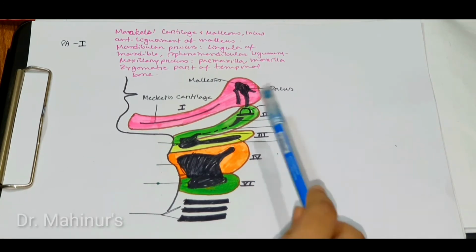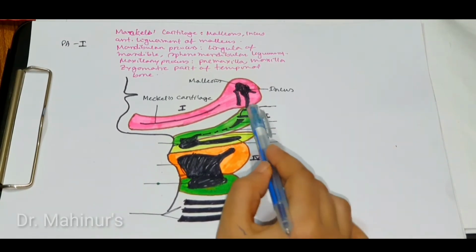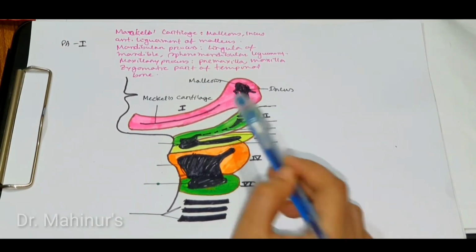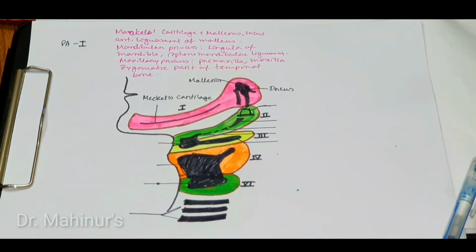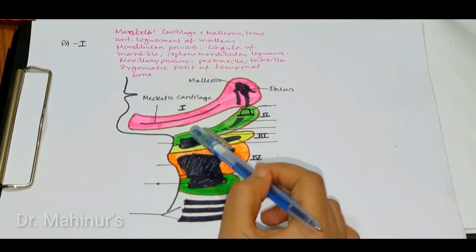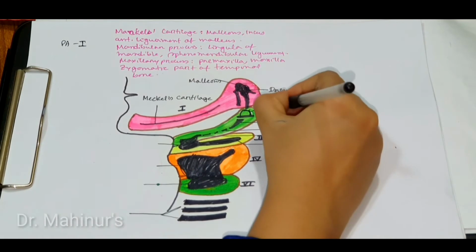Now coming to the second arch. This is stapes. This one is styloid process. This one is stylohyoid ligament. This one is upper portion of the body of hyoid bone and lesser horn.